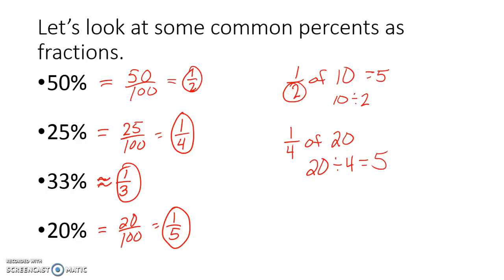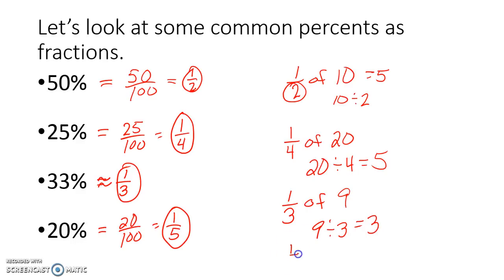So when I'm looking at unit fractions and I want to take a half or a fourth or a third or a fifth of something, I'm really just taking that number and dividing it by the denominator. So if I wanted to find 1/3 of 9, in my head I would think 9 divided by 3, which would give me 3.